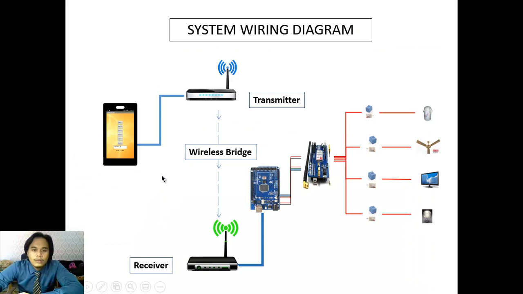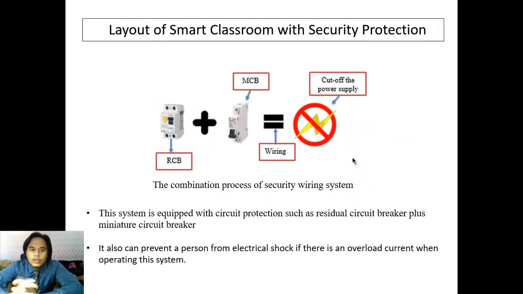So for my result, as you can see, my system wiring diagram is that the mobile phone with ZigBee first will receive data, and the receiver will send data to the Arduino, and the relay will turn on these electrical lines. So there is some layout of my smart classroom with security protection.